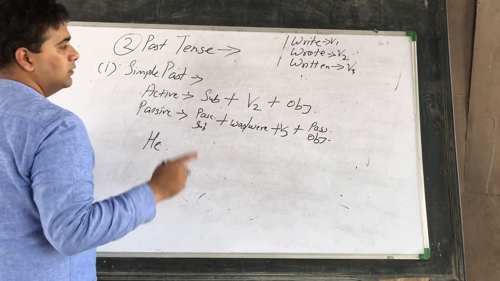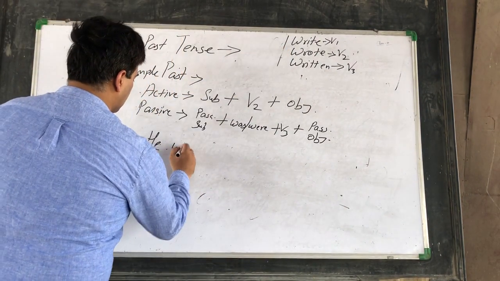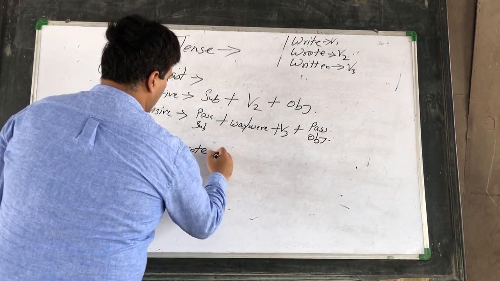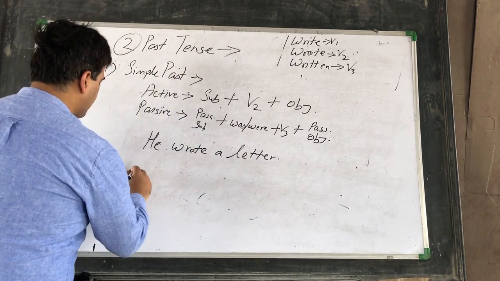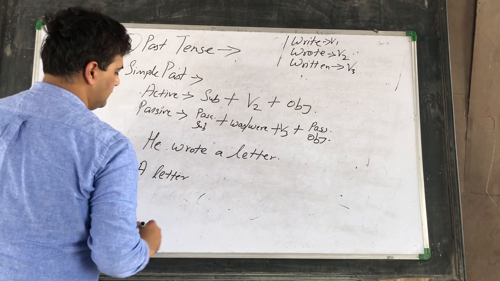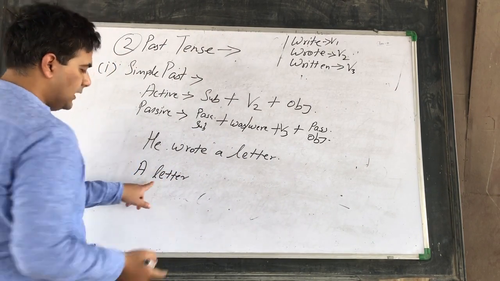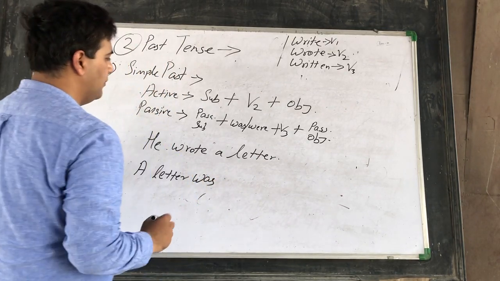He wrote a letter. So second form is wrote. It will be a letter. Singular subject. Was will be the new helping verb.